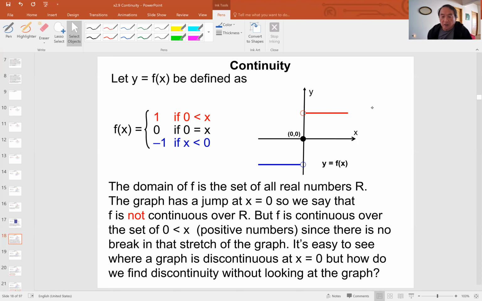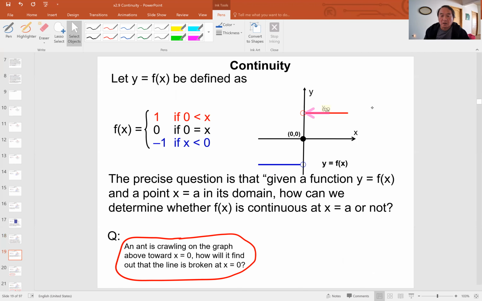So how do we classify these with limits? That is, these visual observations of discontinuities, broken lines, how do we use algebra to check them? We imagine what we mean by discontinuous.